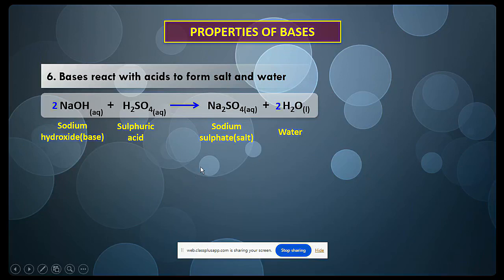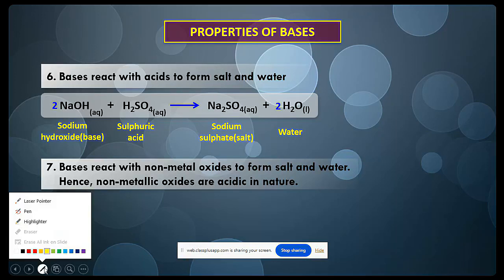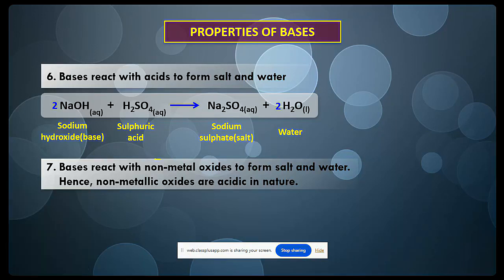And the seventh property you can see here: bases react with non-metal oxides to form salt and water. Hence, non-metallic oxides are acidic in nature. We have seen when acid reacts with metal oxides instead of non-metal oxides, then the metal oxides are basic in nature. But whereas if you see here, non-metal oxides are acidic in nature.